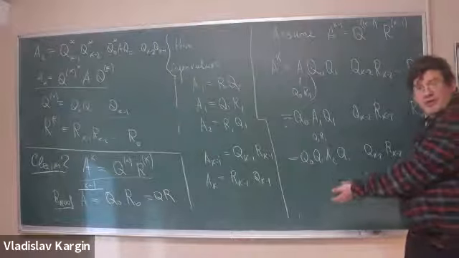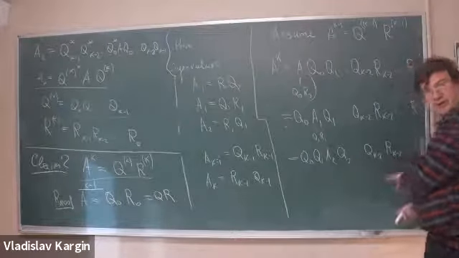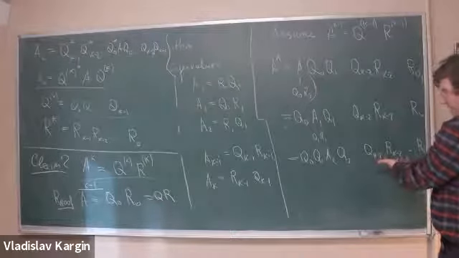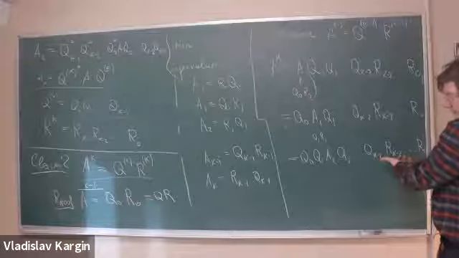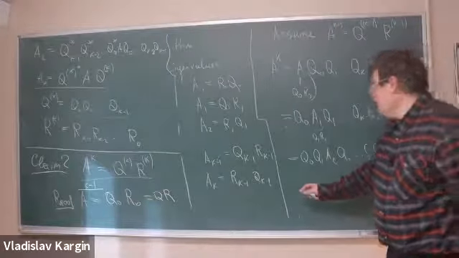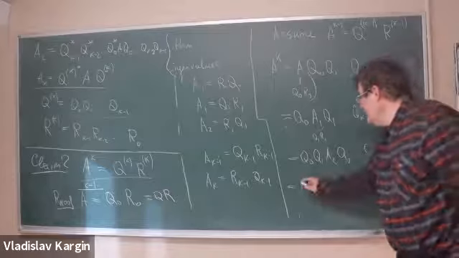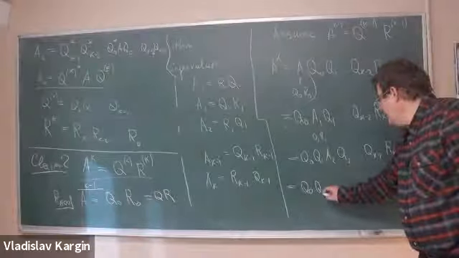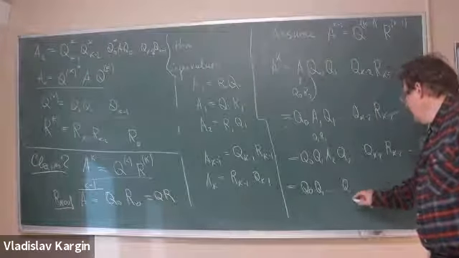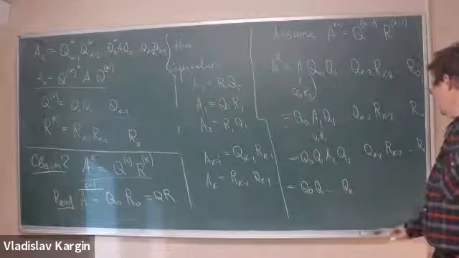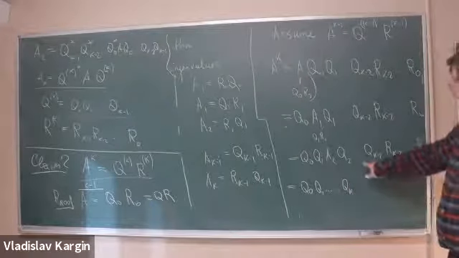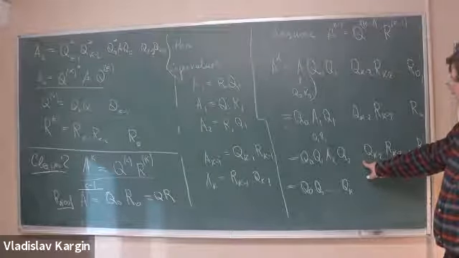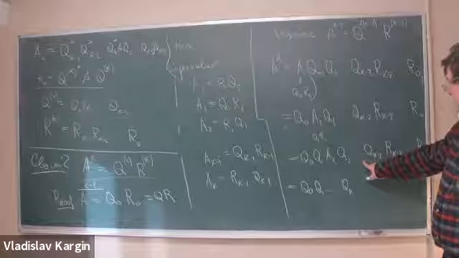So it's clear. We can continue this until we get something here. So we'll get here A_{k-1}, and so we'll get here Q0, Q1, up to Q_{k-2}.